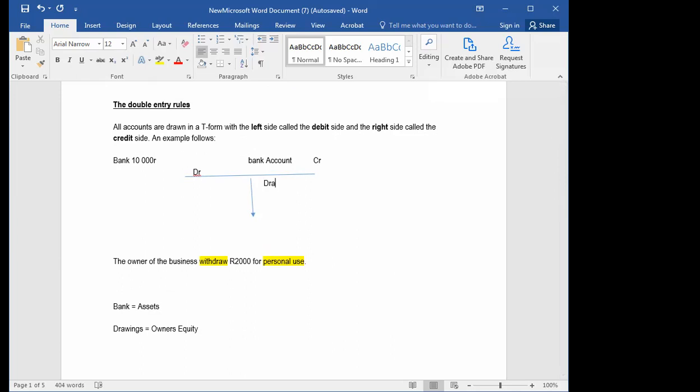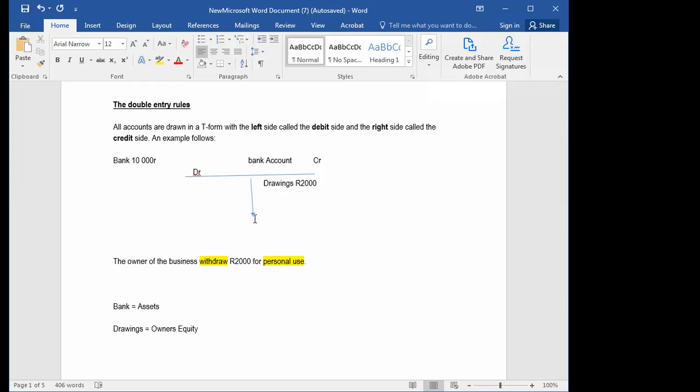Therefore, it will be drawings. How much is the amount of money? It is 2,000 rand. You see? Why do we write it on the credit side? Because there is an outflow of money. The money has been taken by the owner. This amount of money will be called drawings because it has been taken for his or her personal use.